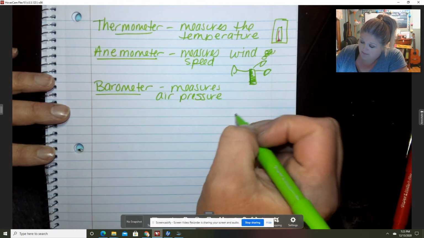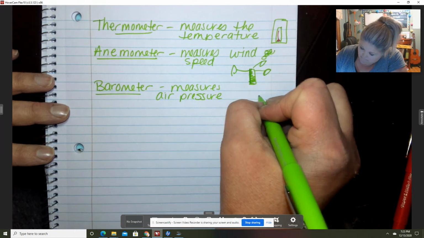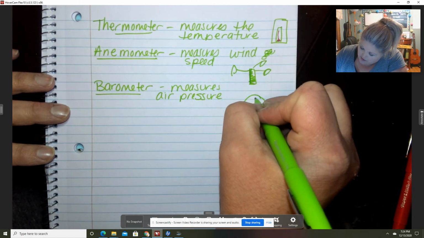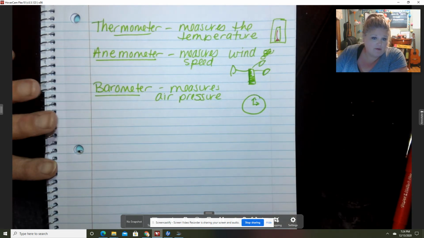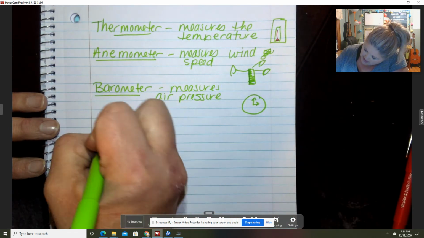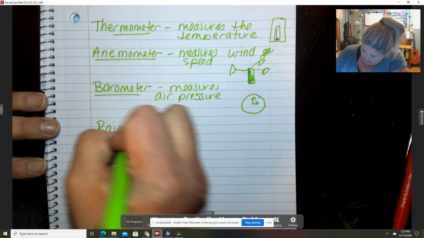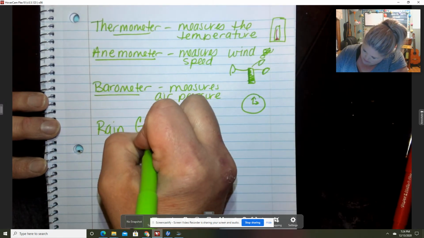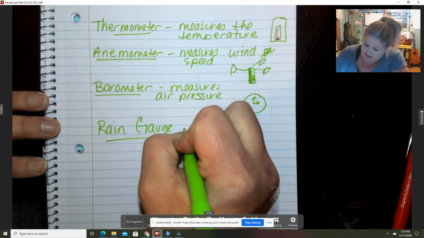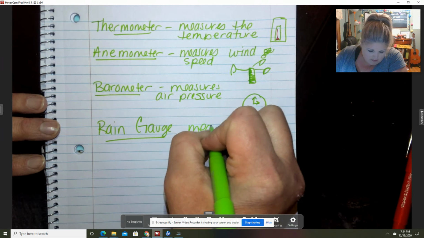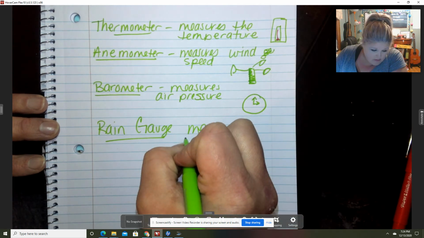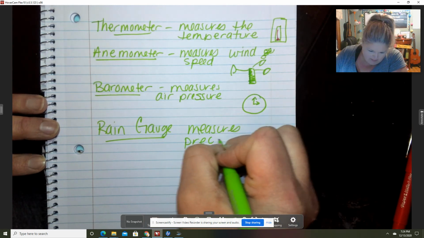But a barometer measures air pressure, and it just looks like a clock or a round thermometer. And then we have the rain gauge. And it measures the amount of precipitation, mainly rain.